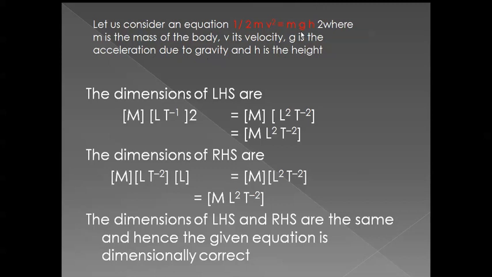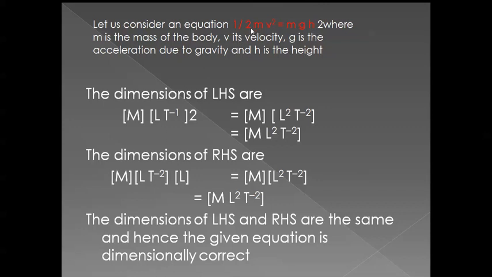Now we have to verify this equation. For this we substitute the dimensional formula of mass and velocity on the left side, and on the right side the dimensional formula of mass, acceleration, and height.